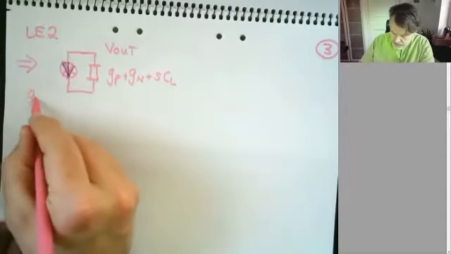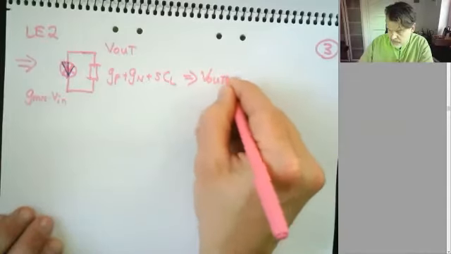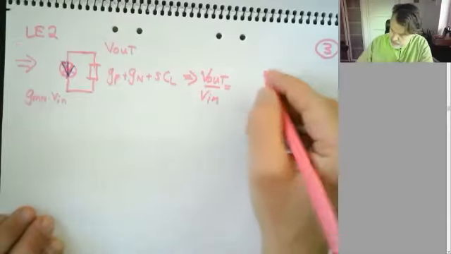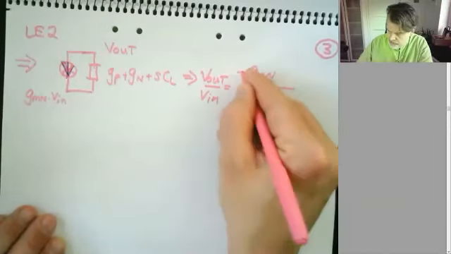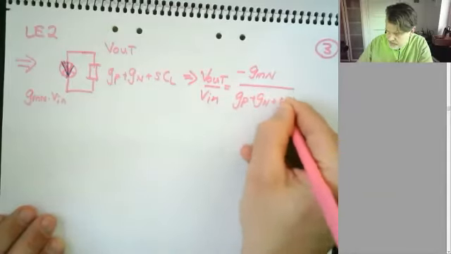And then this is GMN times V in. And then we get V out divided by V in is equal to minus GMN divided by GP plus GN plus SCL.